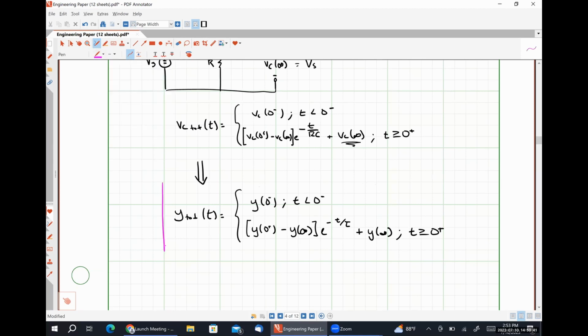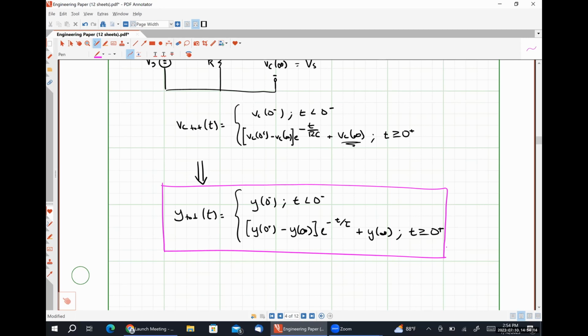And what's great about this particular representation is that we can apply it to literally any first order circuit. It doesn't matter if it's a natural response problem, meaning that our sources get disconnected, or it's a total response problem. It'll work just the same, because if it is a natural response problem, y at infinity is just 0, so those two parts cancel each other out.